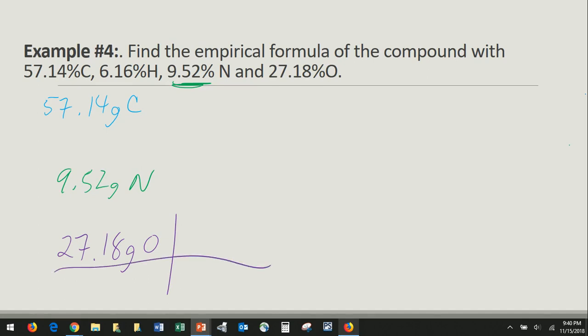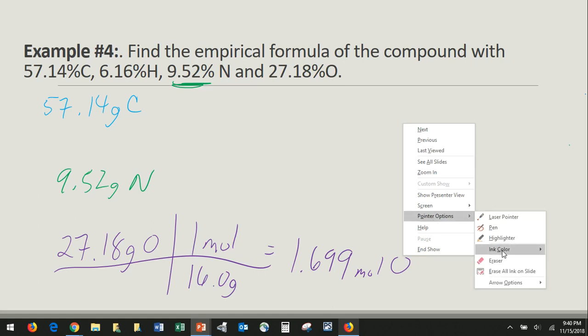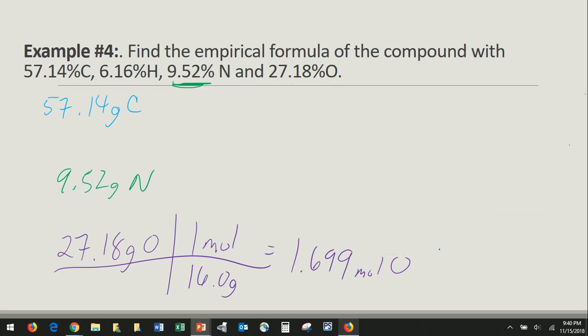So that's the first step. The next step is to convert everything to moles. So oxygen is 16 grams in 1 mole. So 27.18 divided by 16 is 1.698, 0.699 even. Okay, so that's how many moles of oxygen we got. And then we'll do the same thing for nitrogen.